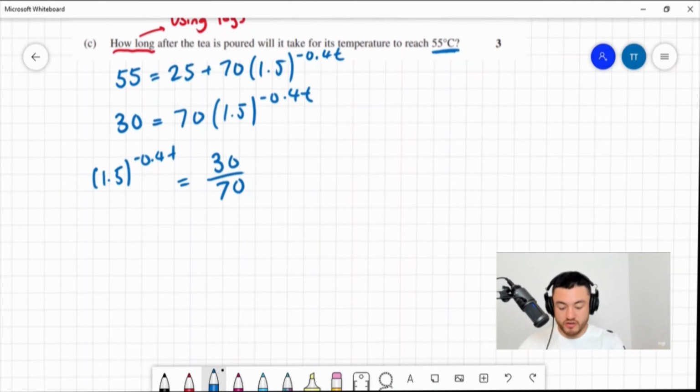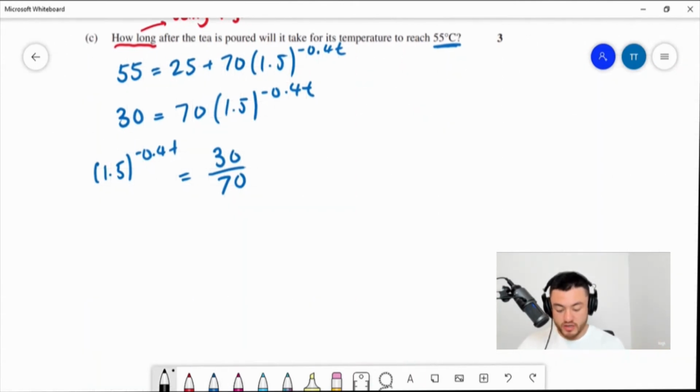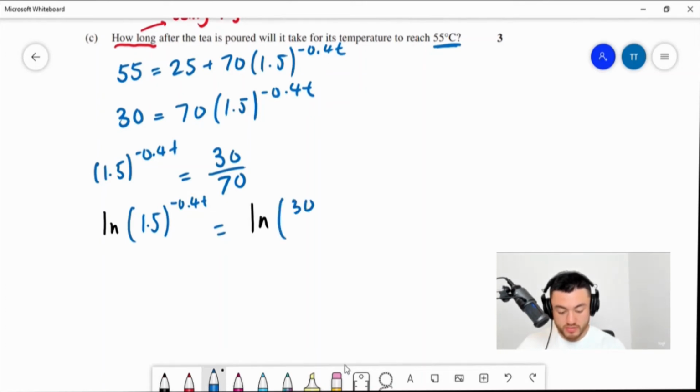Okay, so now let's take the log of both sides. I'll do it in two steps. So we have 1.5 to the negative 0.4t is equal to ln 30 over 70.